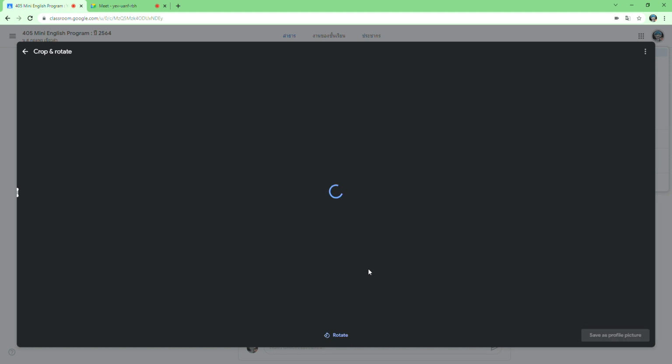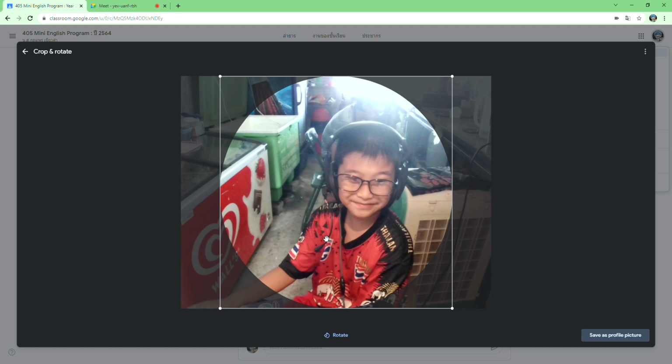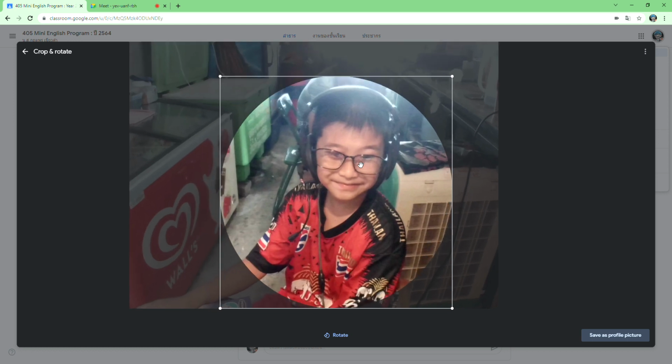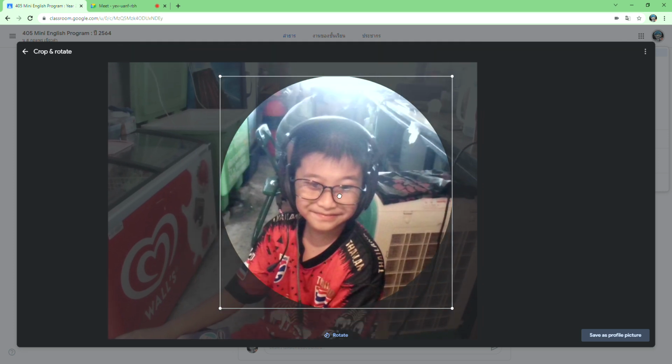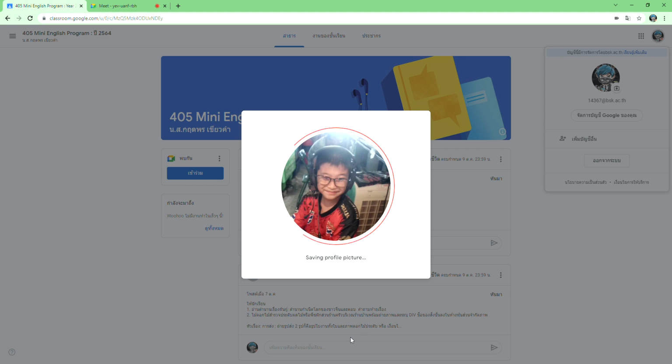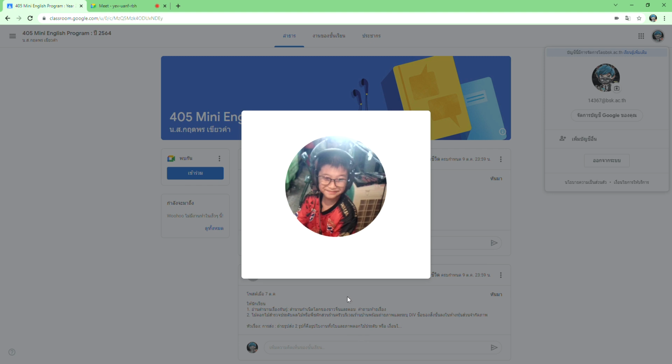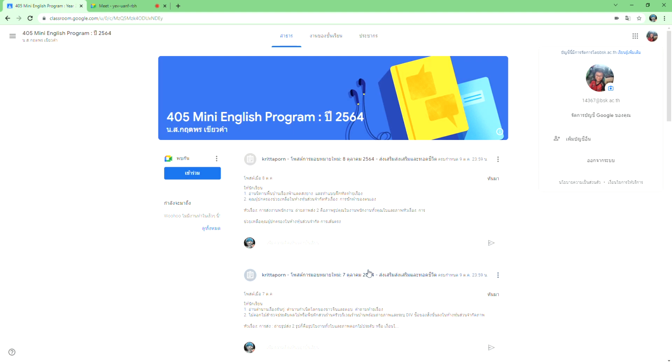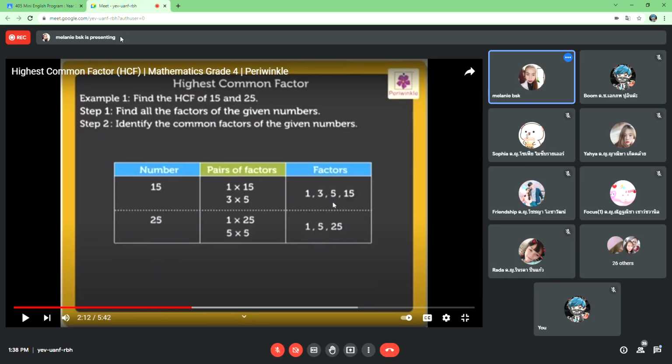Step 2. Identify the common factors of the given numbers. What factors do they have in common? These are the factors of these two numbers. For 15, we have 1, 3, 5, 15. Next, 1, 5, 25.